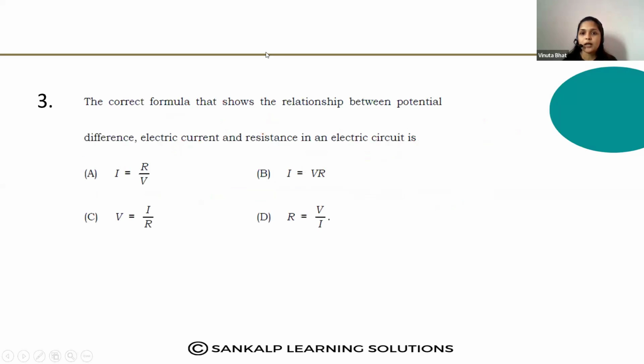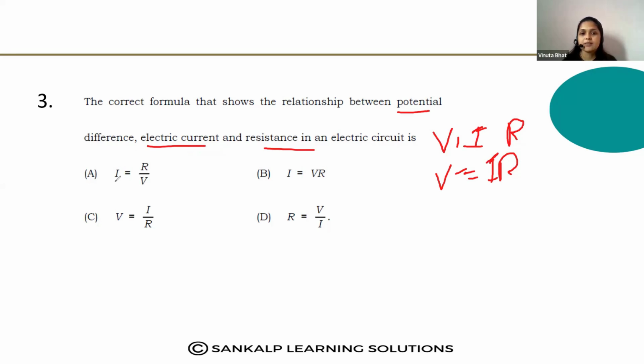The correct formula that shows the relationship between potential difference, electric current and resistance in an electric circuit is: so here the relationship between potential difference V, electric current I, and the resistance R. The formula is V is equal to IR. This is the general formula we use for the relationship between the potential difference, electric current and the resistance.